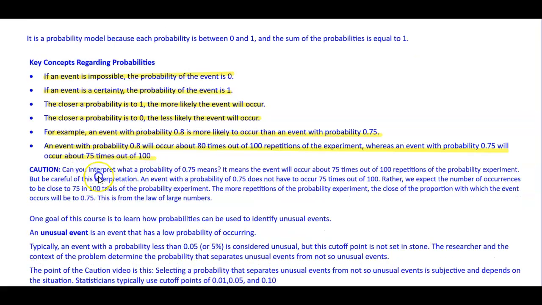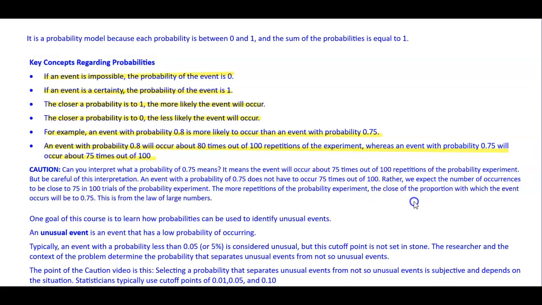Now, caution. Can you interpret what a probability of 0.75 means? Well, again, it means the event will occur about 75 times out of 100 repetitions of the probability experiment. But be careful of this interpretation. An event with a probability of 0.75 does not have to occur 75 times out of 100.